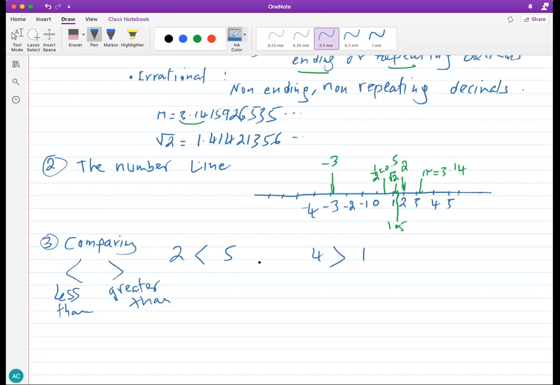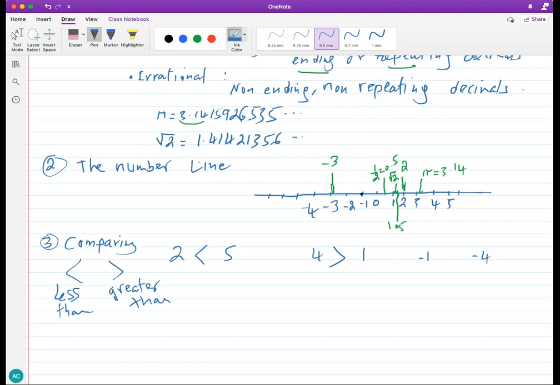So no big deal with positive numbers, but it gets a little tricky with the negatives. For example, if you want to compare -1 to -4. -1 is here, -4 is here. What is the comparison? -1 is what compared to -4? The answer is that -1 is greater.